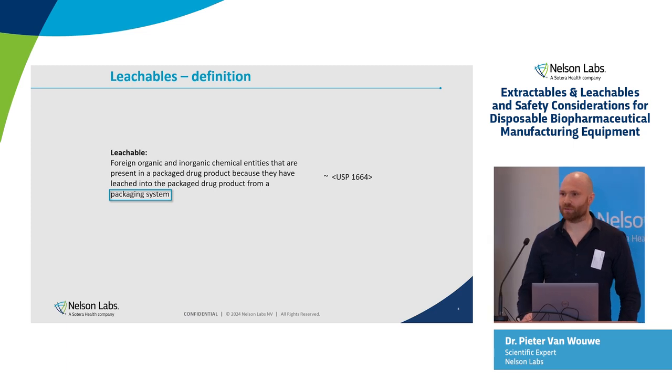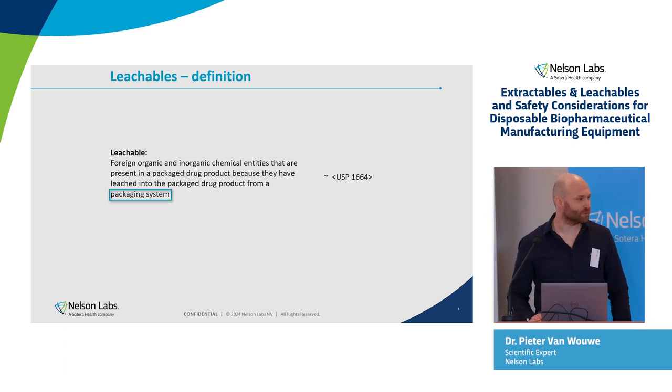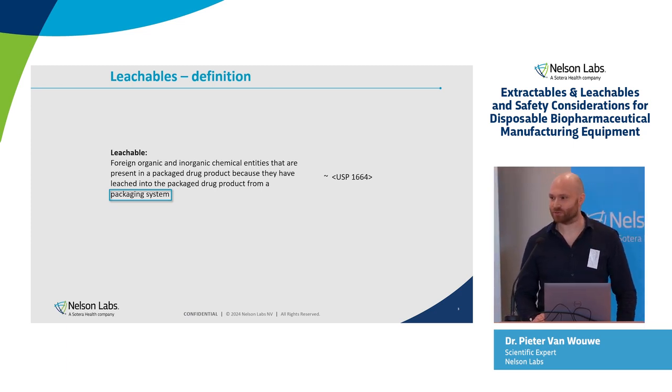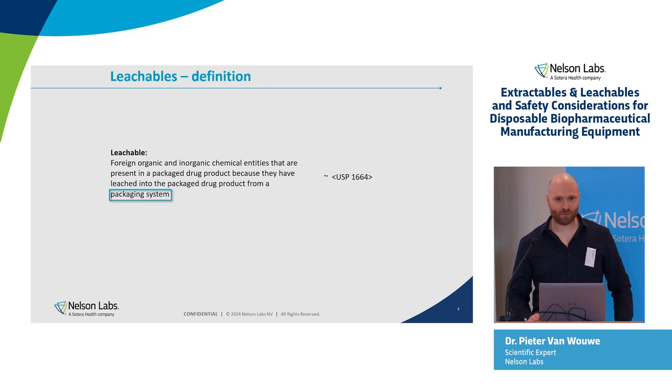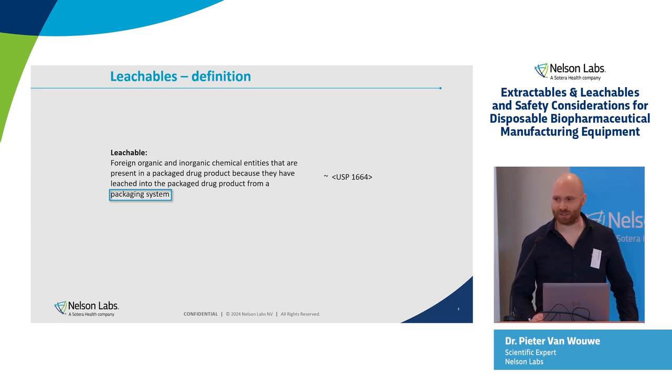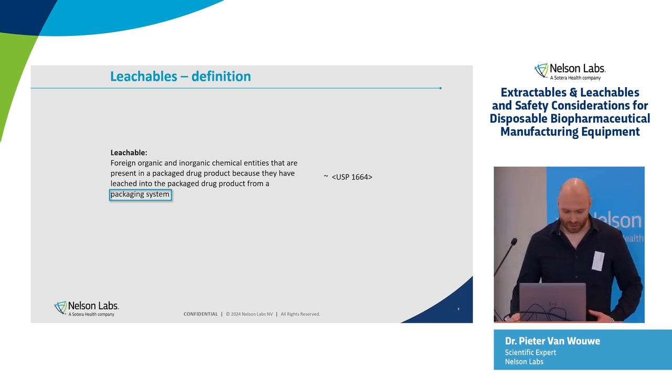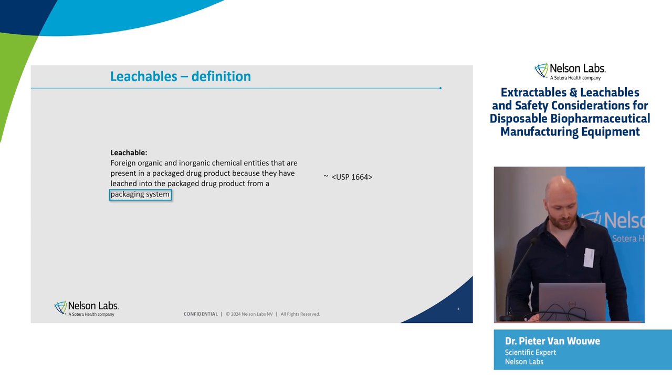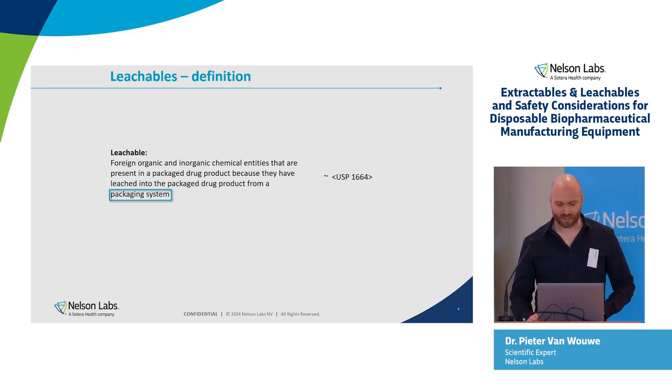So what is a leachable? I think everyone in the room knows what a leachable is. But I really wanted to look for a formal definition, and I found one in USP 1664. But there it is mentioned in the context of a packaging system.